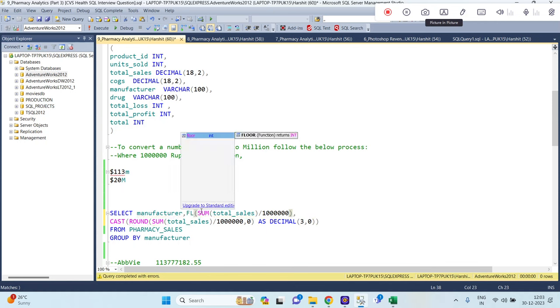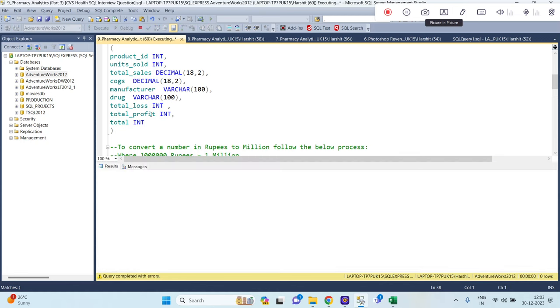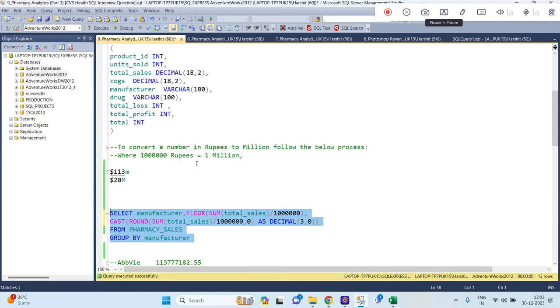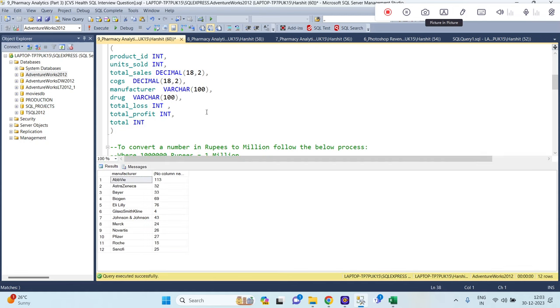Floor. Okay. Perfect. Yeah, floor. Silly, silly.